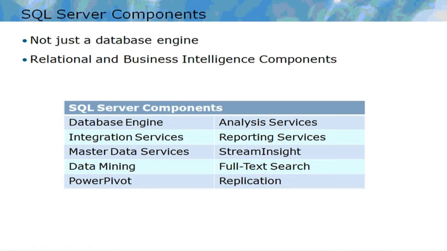Business intelligence is another technique which helps make your business profitable or more efficient in decision making. Microsoft also stepped into business intelligence by introducing certain components, and we'll talk about those components in detail.